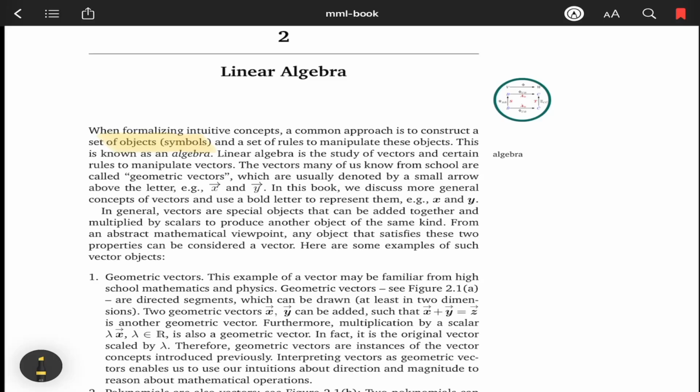The vectors many of us know from school are called geometric vectors, which are usually denoted by a small arrow above the letter. In this book, we discuss more general concepts of vectors and use a bold letter to represent them.